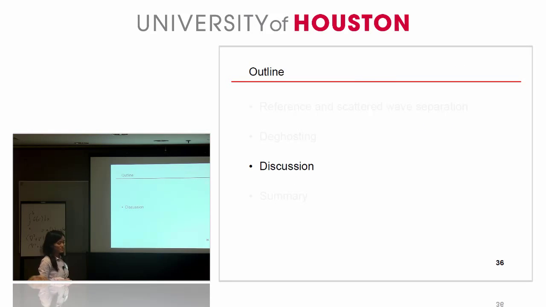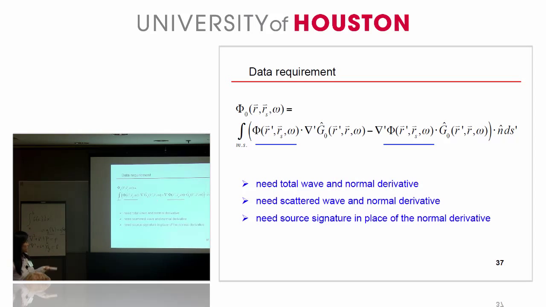Okay, now I'd like to give some discussion and comments about this method. First is the data requirement. Let's go back to this integral formula. You can see that in order to apply this integral formula, we need to have phi and grad phi. That is, to separate the reference wave from the reflection data, you need the total wave field and its normal derivative.